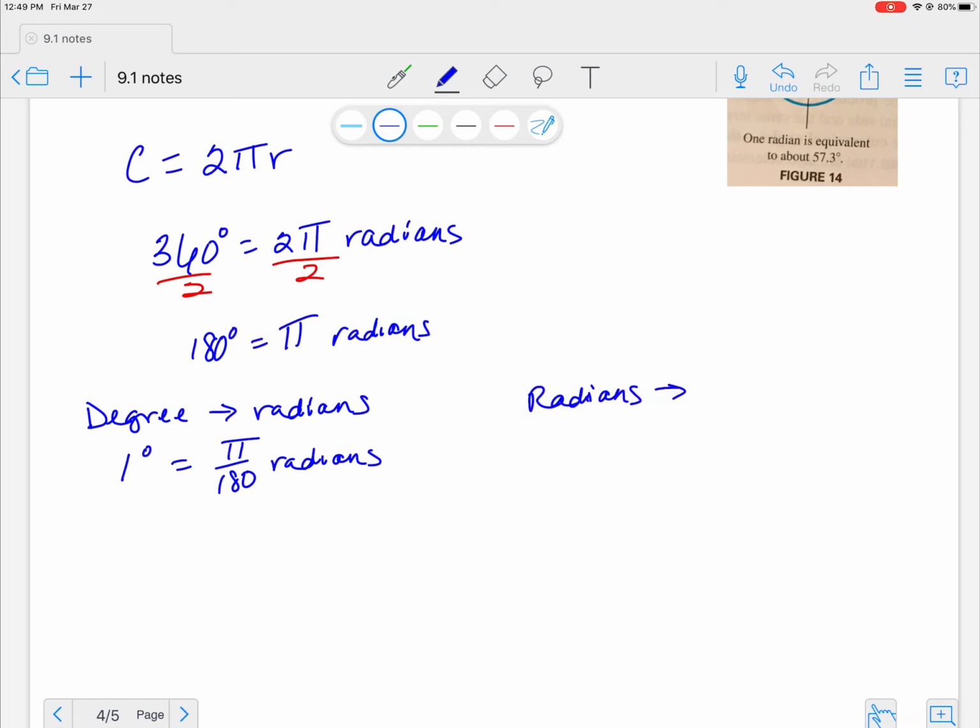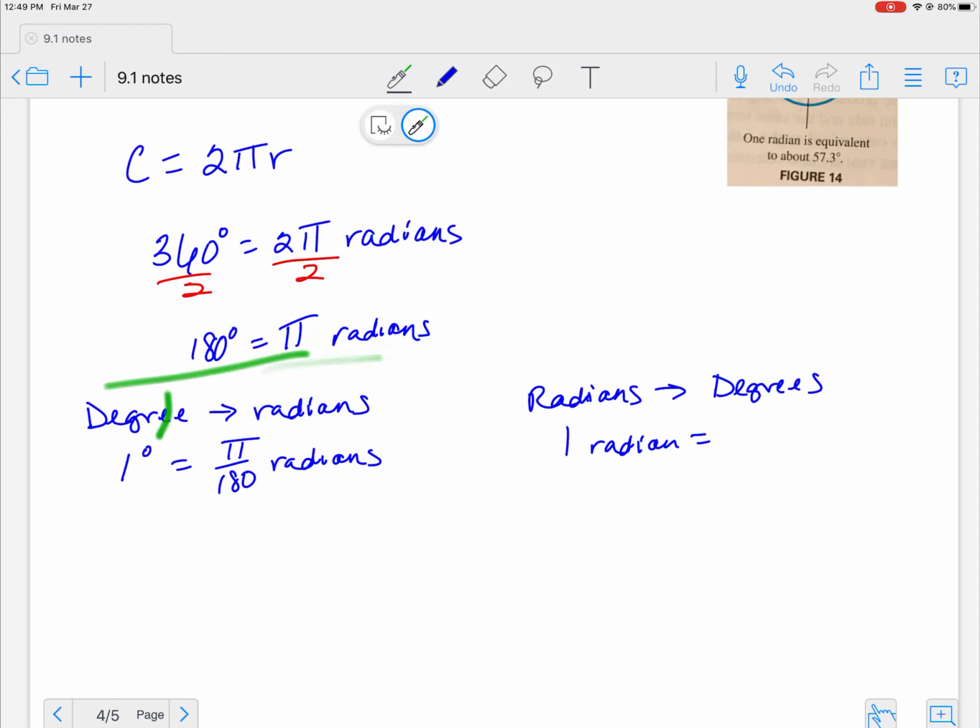If I want to go from radians to degrees, we do the exact same thing. To get 1 radian by itself, we divide by pi, and so now I have 1 radian is equal to 180 over pi degrees.